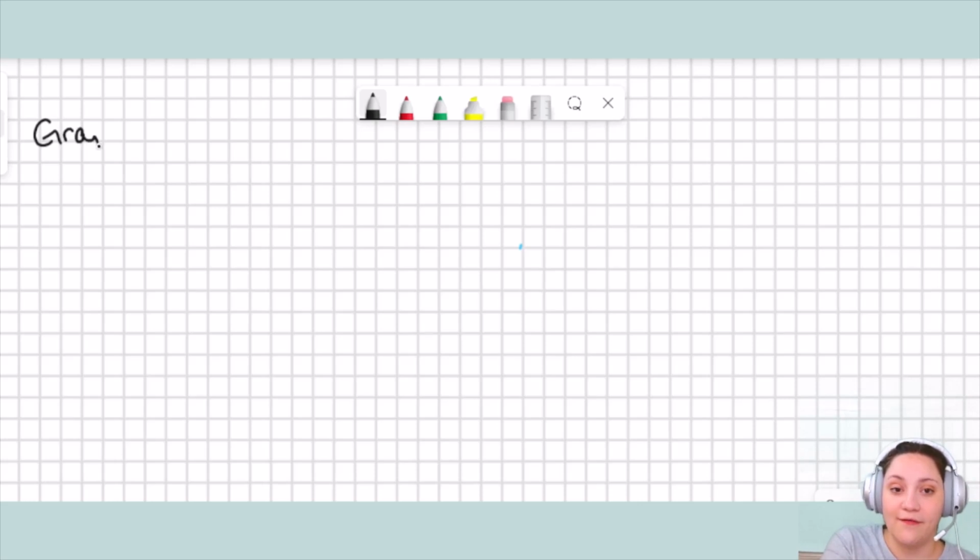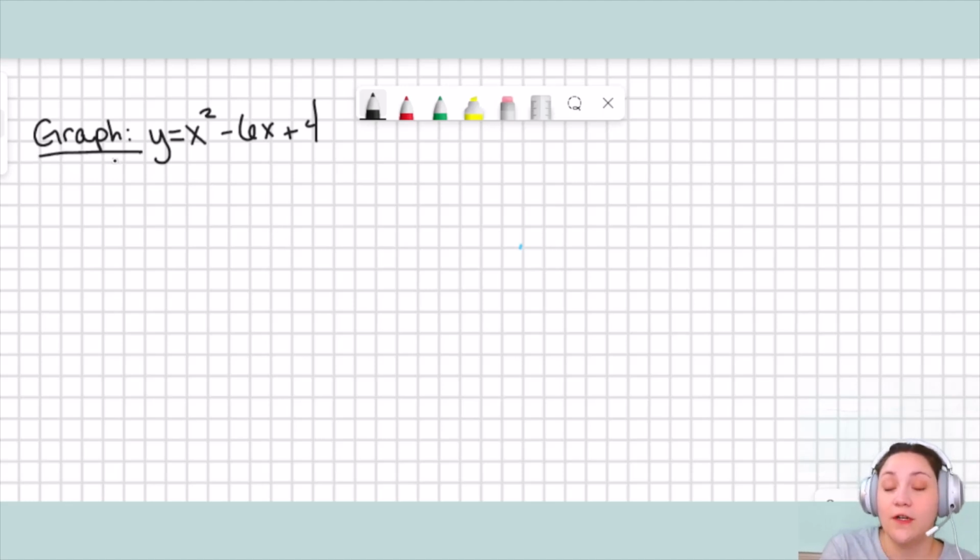So we want to graph this quadratic function: y is equal to x squared minus 6x plus 4. Before we do anything else, we want to check that it is in standard form, and yes, it is.